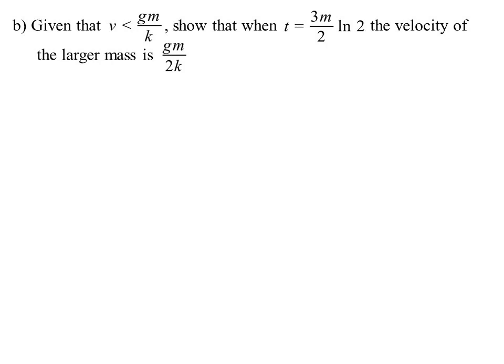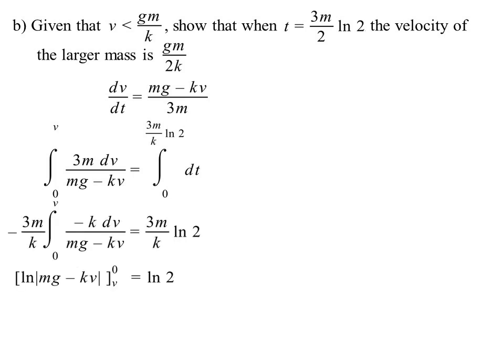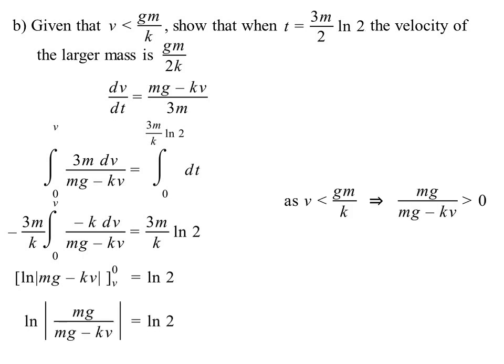Well, dv/dt, that's what we know. Separate out my variables. It's not a nice number I'm substituting in, but that's what it is. 3m on k log 2. Integrate. It's a log function. I have got an absolute value this time, you'll notice. Log of mg minus kv, sub in. Now, what are we trying to find again? But hang on a sec. They told me velocity was less than gm on k.